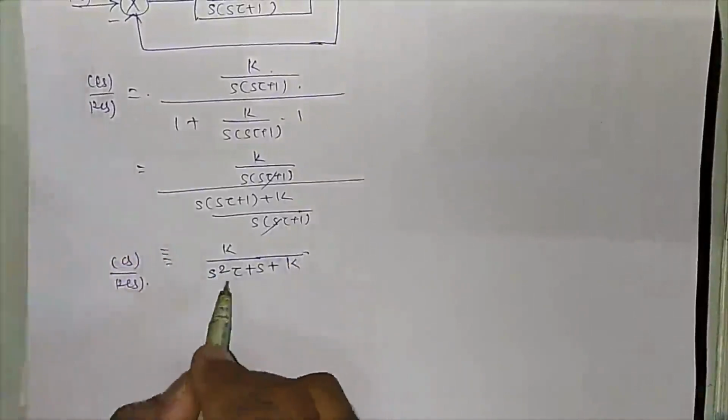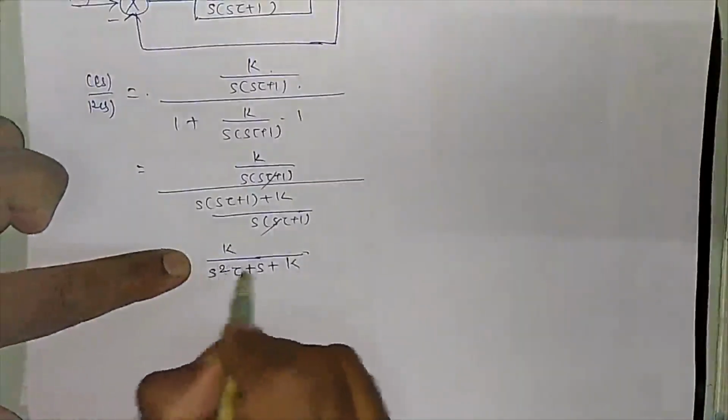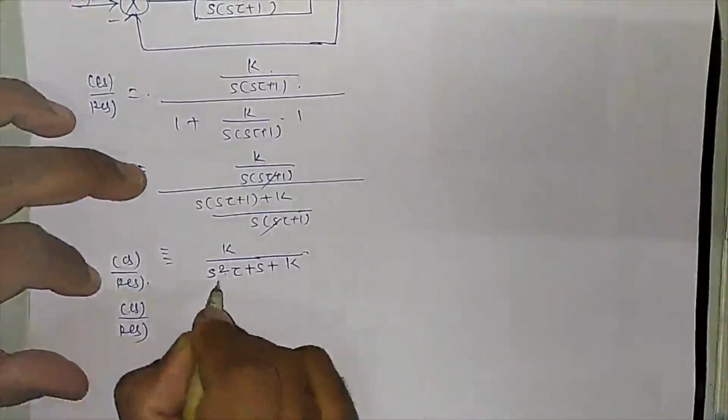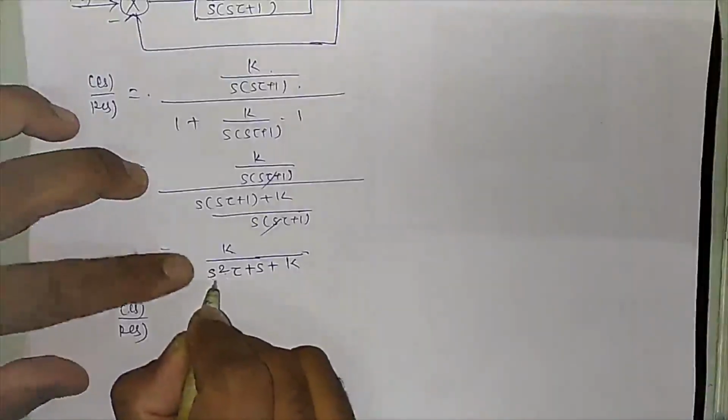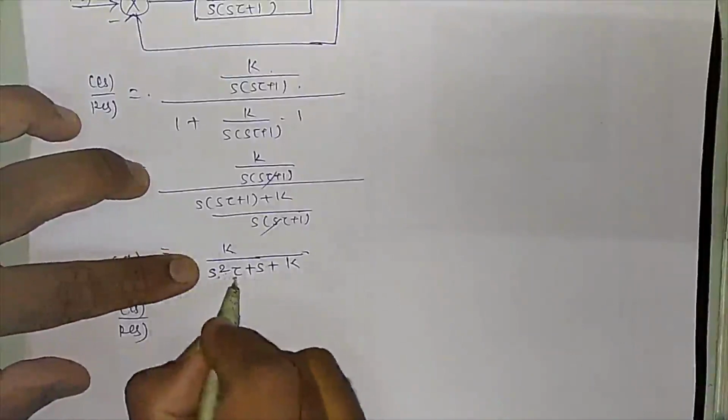So what we have to do, we need to have this system as the second order system. But before that, what we have to take care of is that the coefficient of the highest power of s should be 1. It should be 1 over here, but over here it is tau.